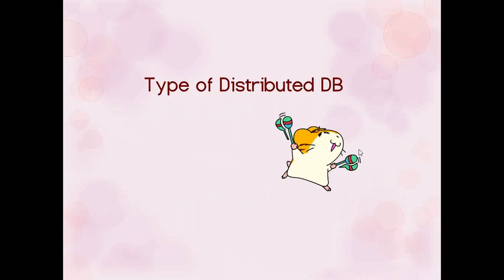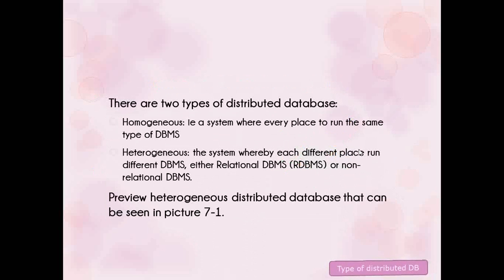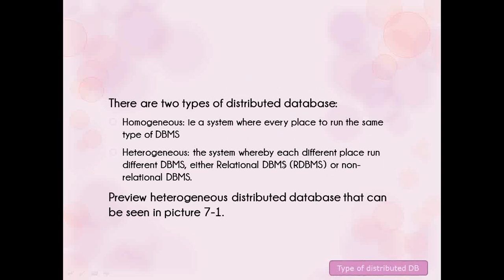We have come to the types of distributed database. There are two types. First is homogeneous. It's a system where every place runs the same type of DBMS, so we call it homogeneous. And the heterogeneous, a system where different places run different DBMS, either relational or non-relational DBMS.